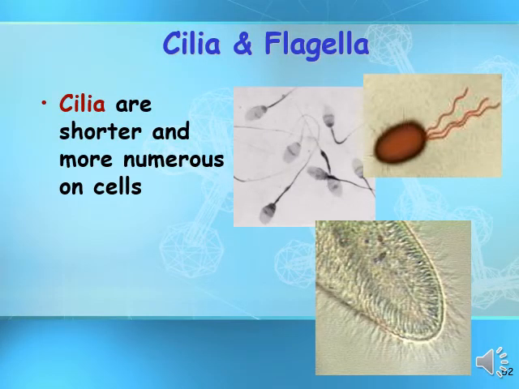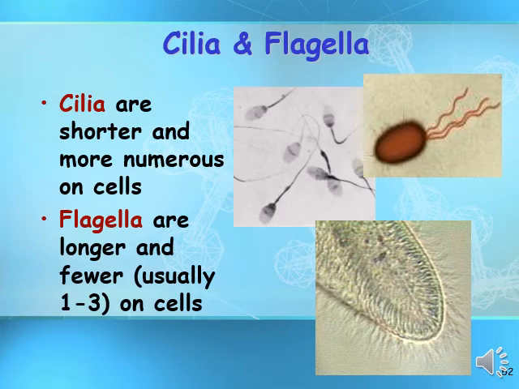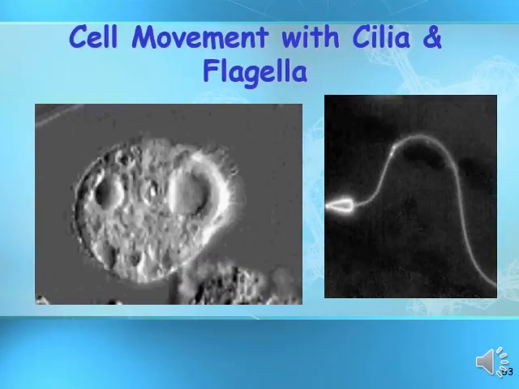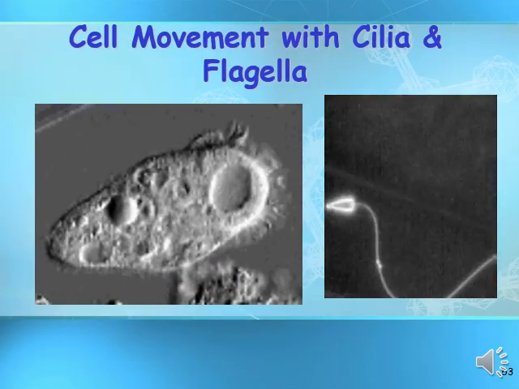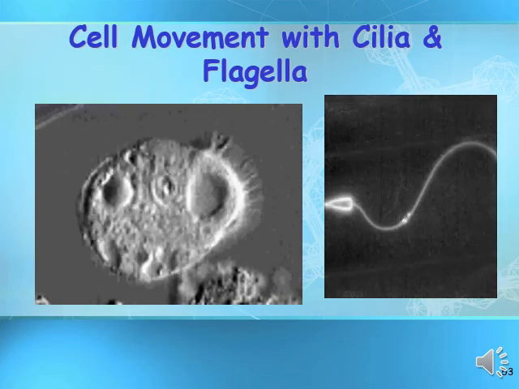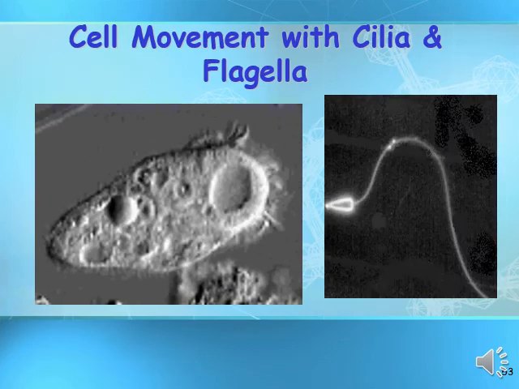Cilia are shorter and more numerous on cells, but flagella are longer and fewer in number, usually 1 to 3 on each cell. Moving cilia and flagella move the cell, as in moving spermatozoa.